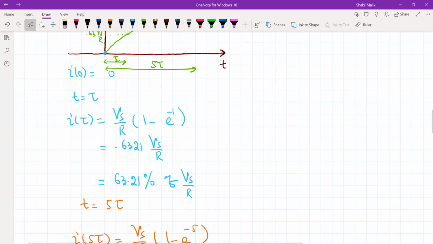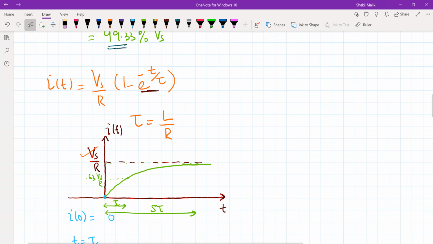Now the inductor current is governed by this expression. Remember that this is the case where we have a voltage source in the inductor circuit. All right, so have a look at this.